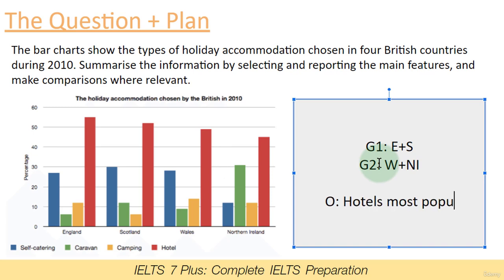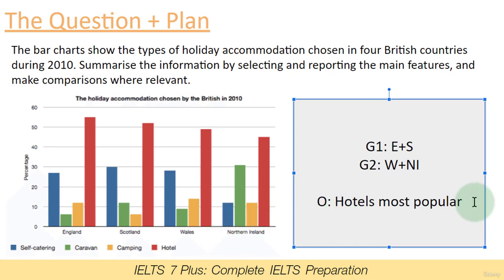Hotels most popular. Now remember, this is obviously a slow example of writing our plan. And you'll notice as I'm writing, and talking to you about this report, I'm analysing the data straight away. I'm understanding some of the information I can see. And this is why a plan is super important, because it automatically makes us understand the visual information.